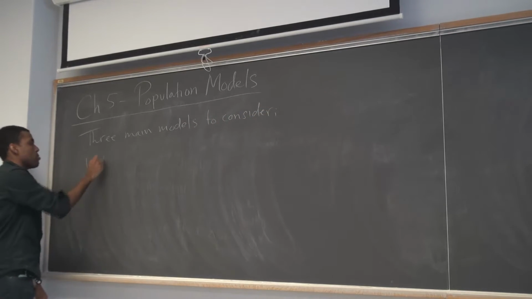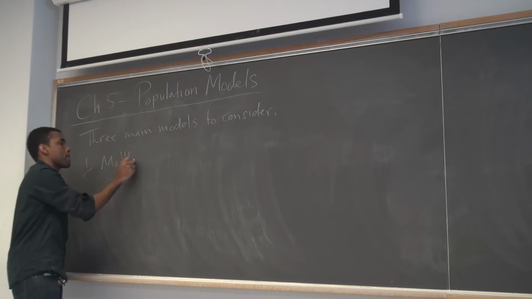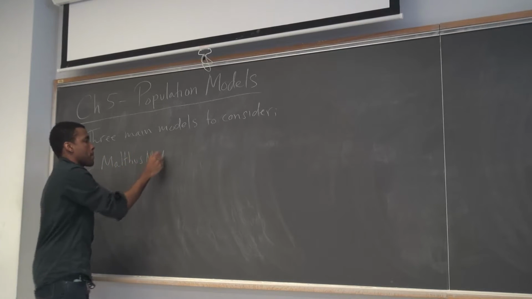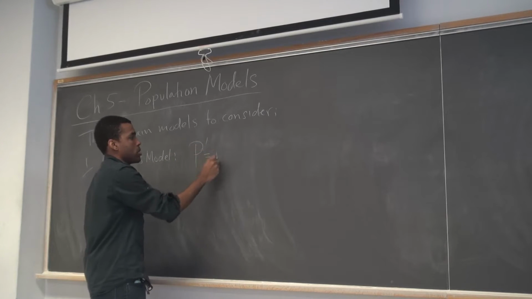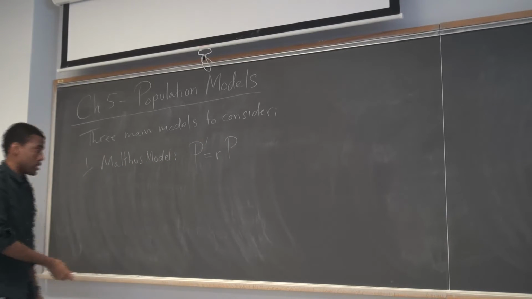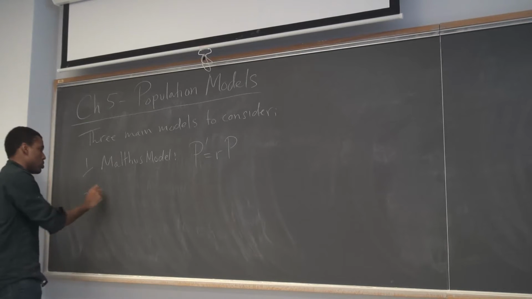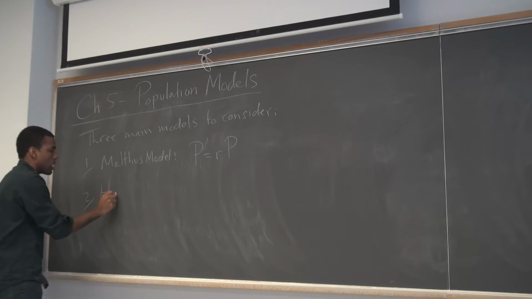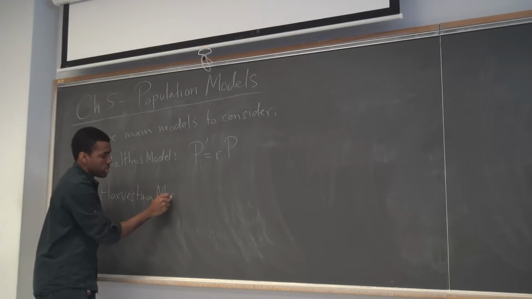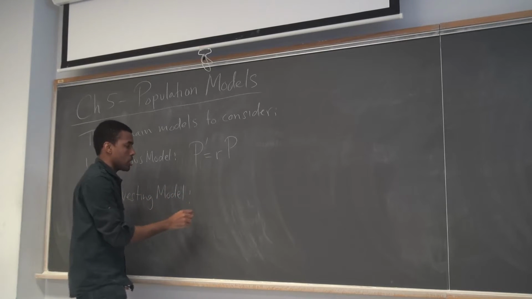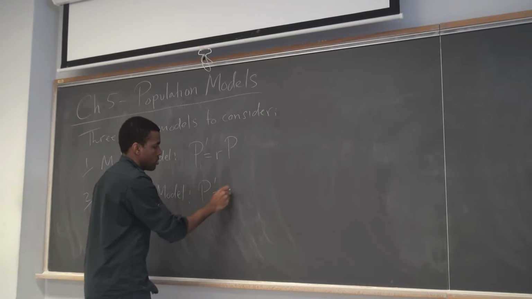So one is called the Malthus Model. That's the one that describes populations like P prime equals RP, right, which we've actually seen before. 2 is the so-called harvesting model, which is just a Malthus model with some non-zero constant change.